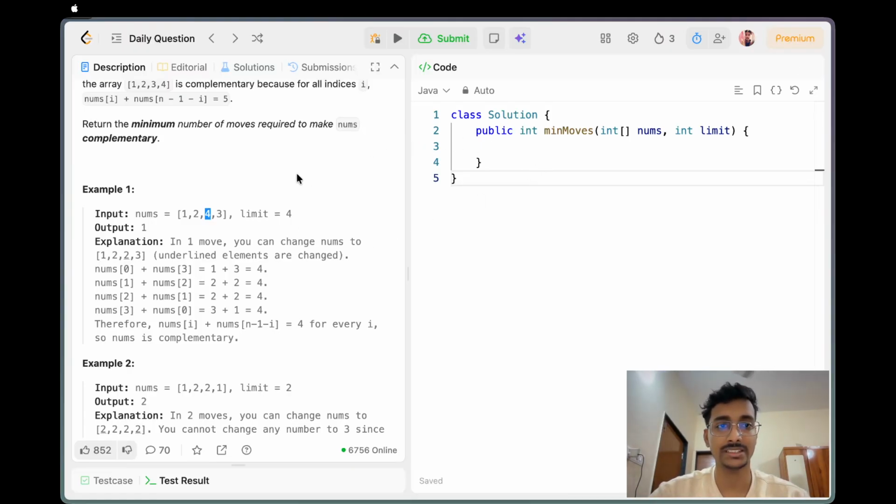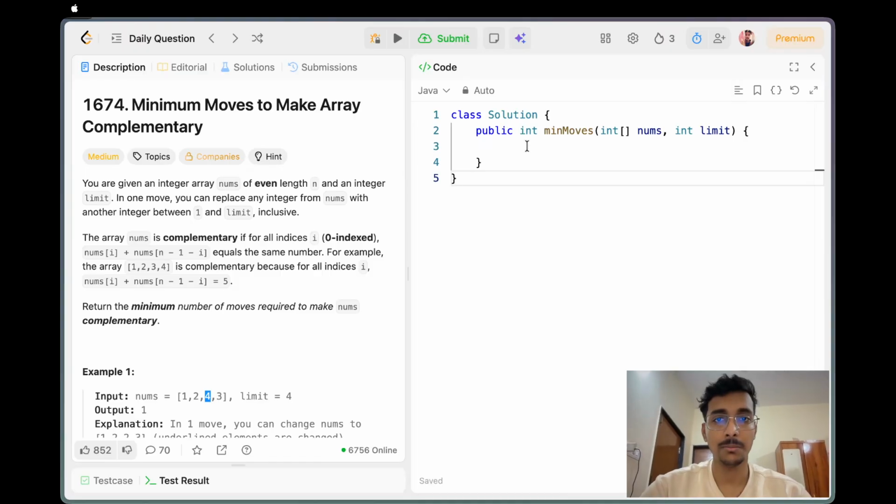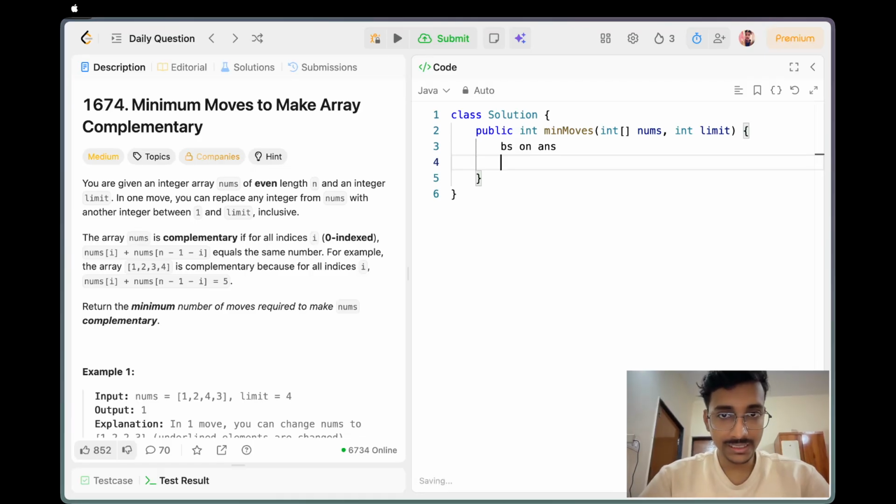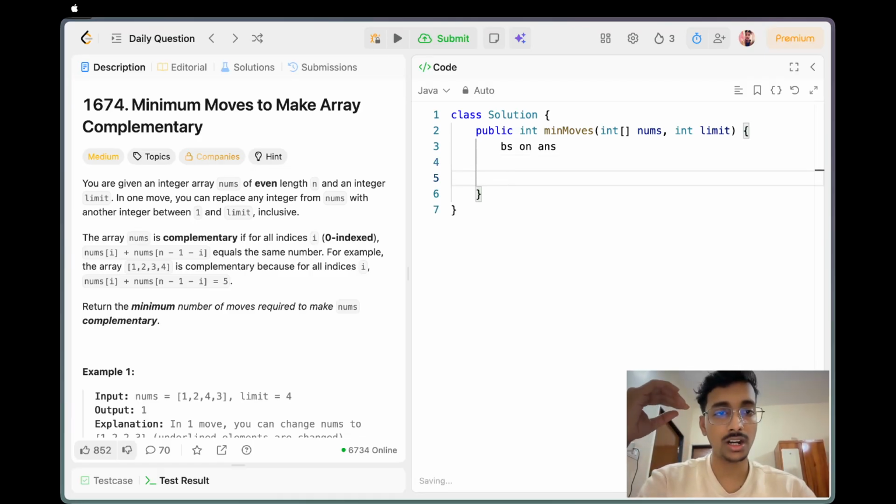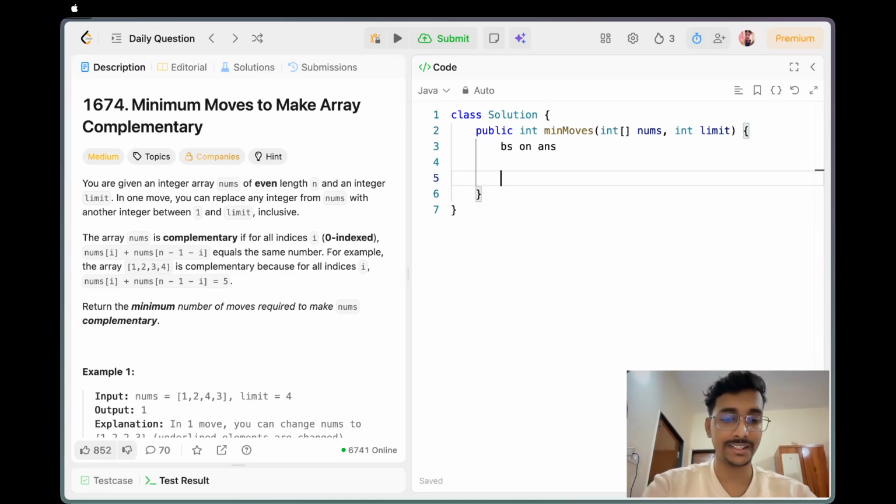Why am I saying this? Binary search on answer. Why do I feel like this? Because binary search on answer works upon a function or method which acts as a predicate. So let's define that function.